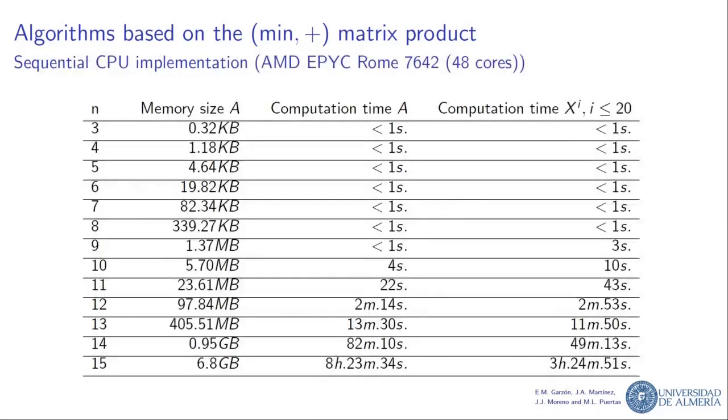In this table, I'm showing the results in cases of n between 3 and 15. We have the memory sizes for these cases, and also we can see that the most time-consuming process is the computation of the matrix A. In the largest case, that is n equal 15, this part took more than 8 hours.